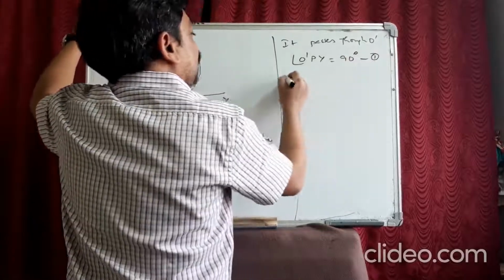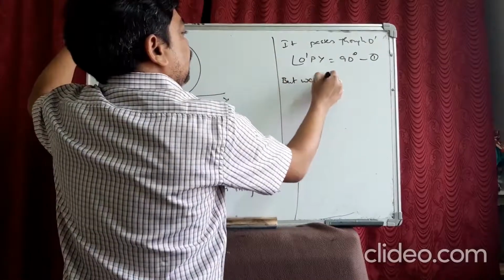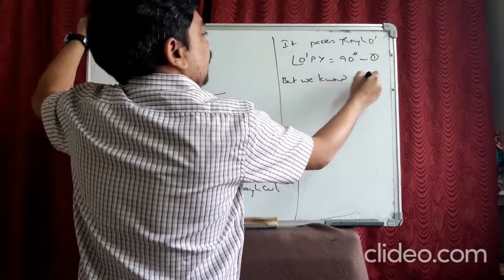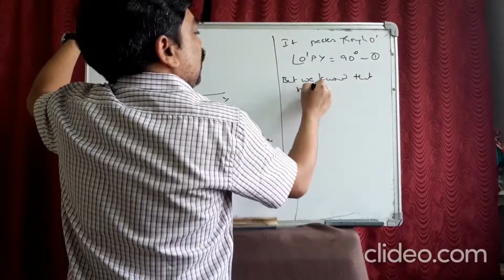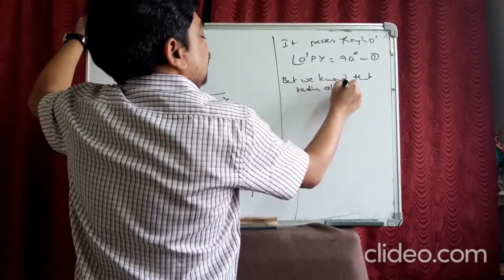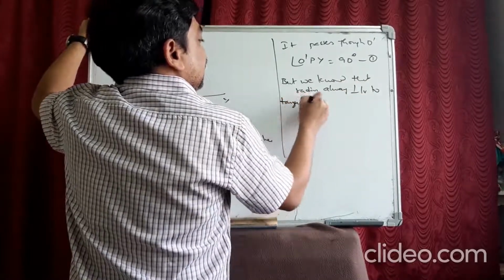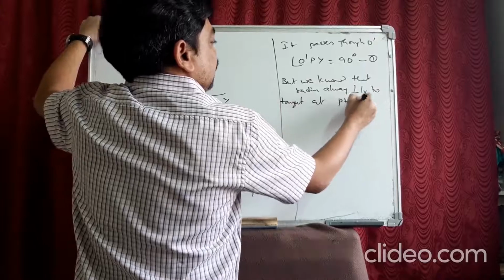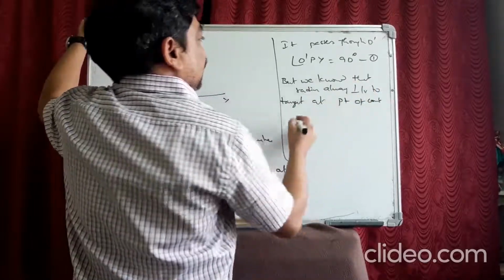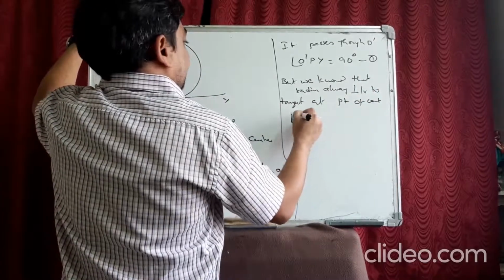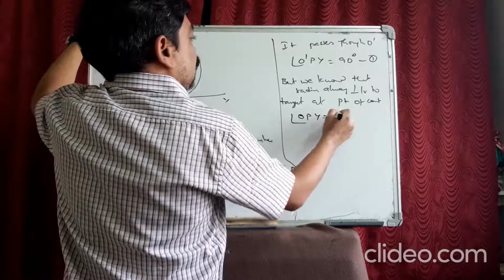1. But what we know is that the radius is always perpendicular to the tangent at the point of contact. So angle OPY should also be equal to 90.